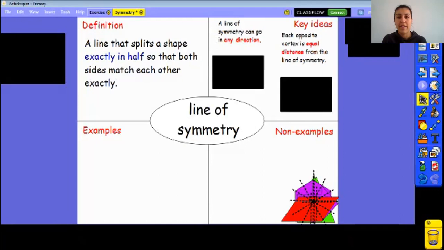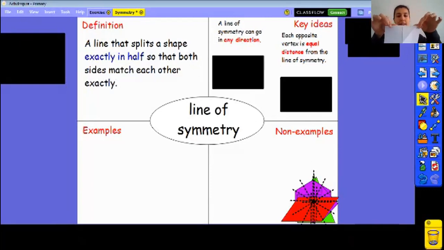Each opposite vertex, now what that means is each opposite corner, remember we did this word yesterday, is equal distance from the line of symmetry. So let's have a look at our rectangle's line of symmetry again. This vertex and this vertex are the same distance away from our line.